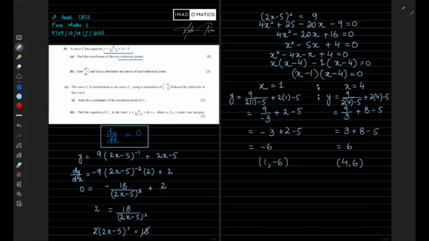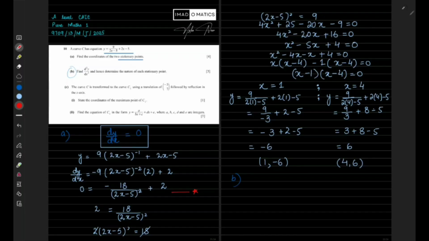Okay. Now this is part A, and now we need to do part B. They say find d squared y over dx squared and hence determine the nature of each stationary point. So first, this equation is your first derivative.